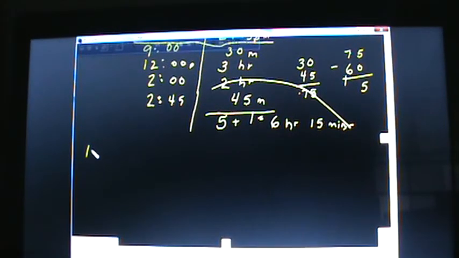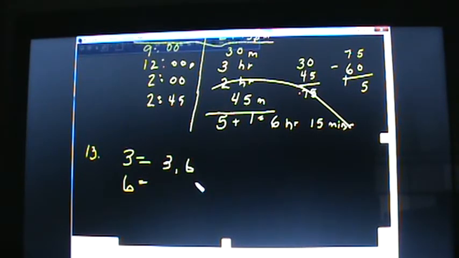Okay, number 13. Says, what is the least common multiple of 3 and 6? Again, a multiple is I'm multiplying that number by 1, 2, 3, 4, 5, 6, 7, 8, 9, 10, and so on. Okay, so 3 times 1 is 3. 3 times 2 is 6.